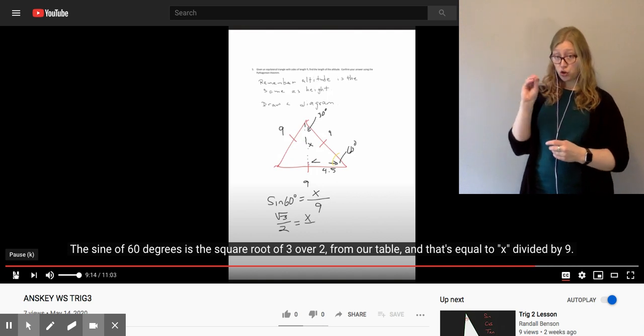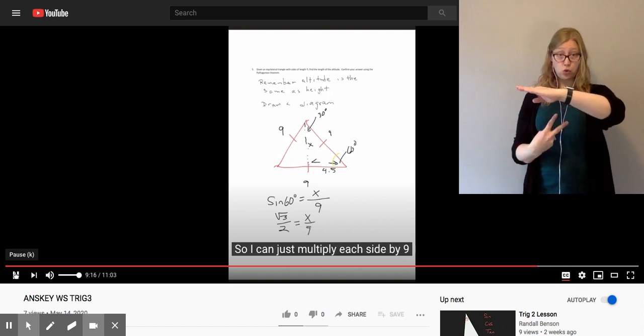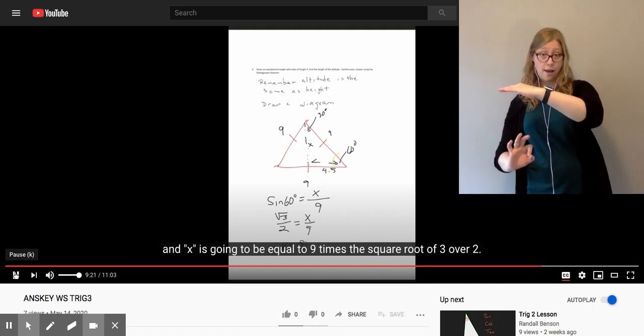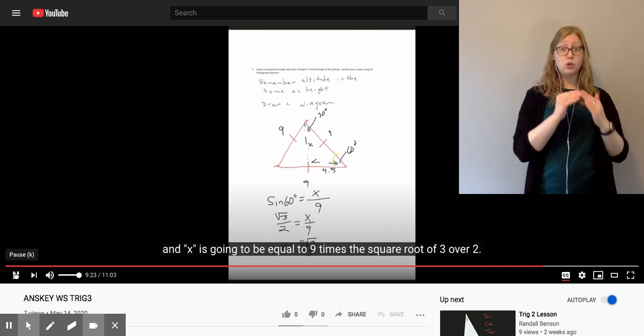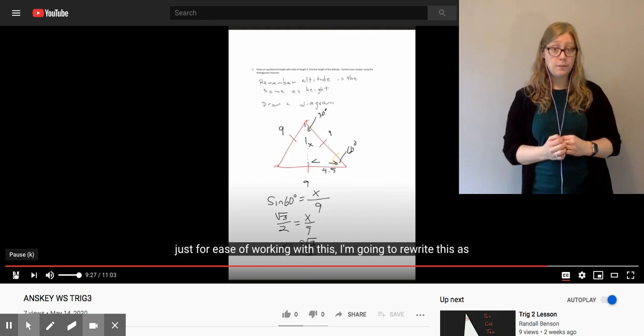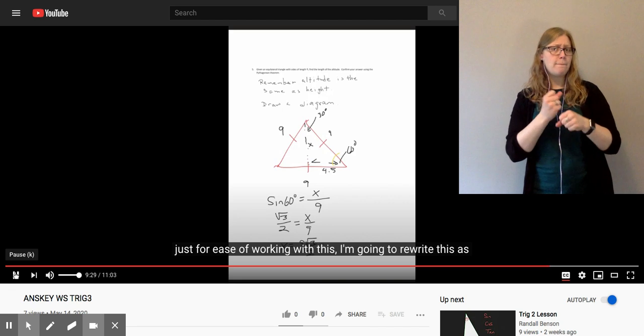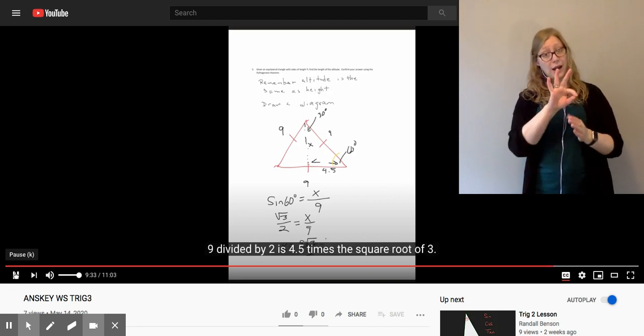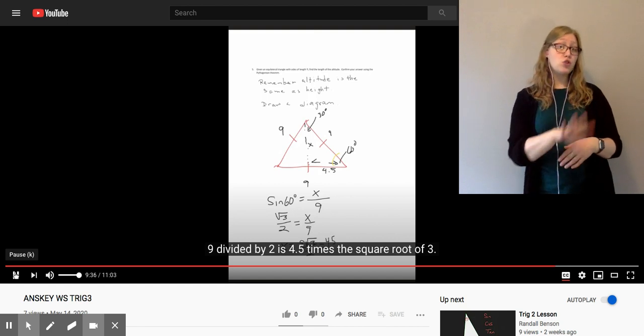The sine of 60 degrees is the square root of 3 over 2 from our table. And that's equal to x divided by 9. So I can just multiply each side by 9, and x is going to be equal to 9 times the square root of 3 over 2. Now, just for ease of working with this, I'm going to rewrite this as 9 divided by 2 is 4.5 times the square root of 3.